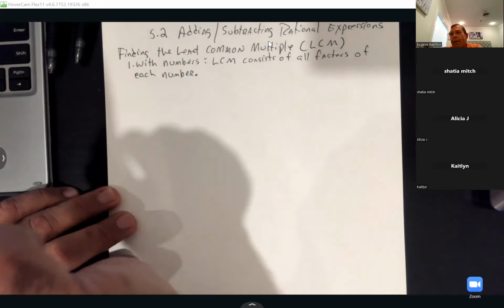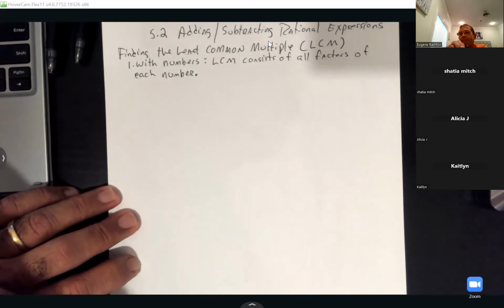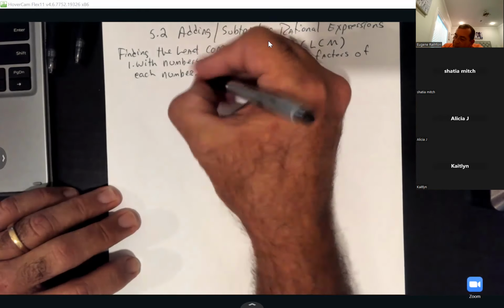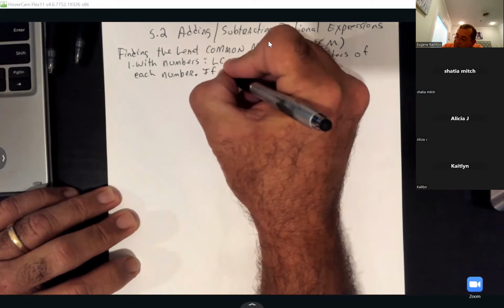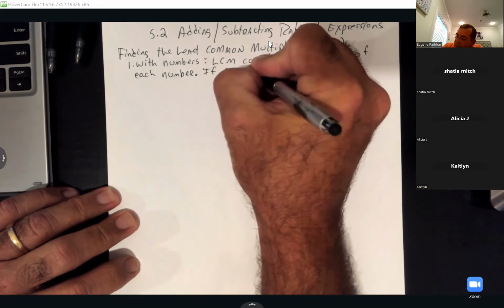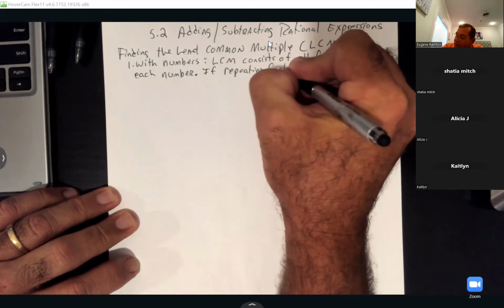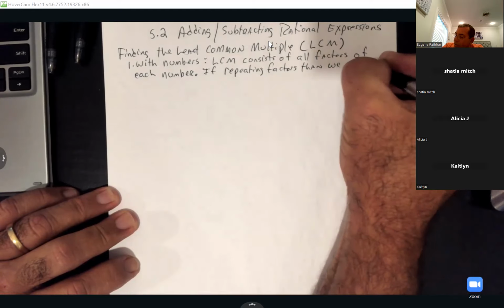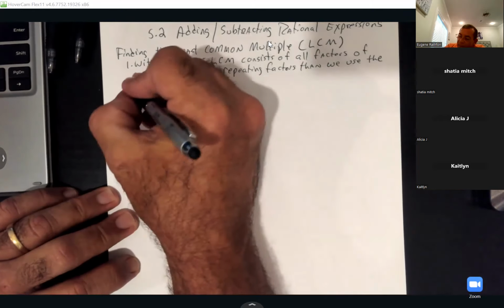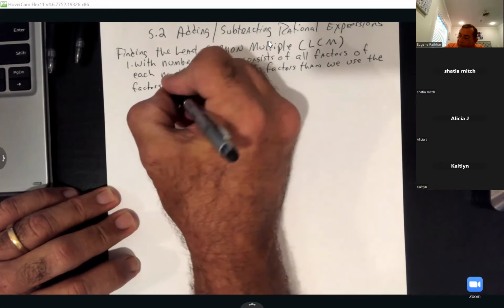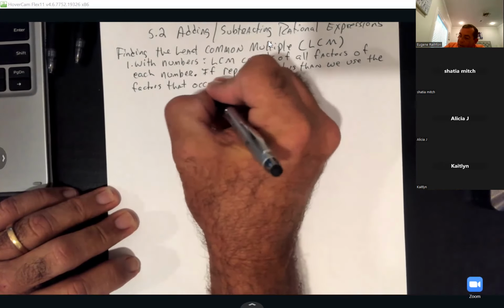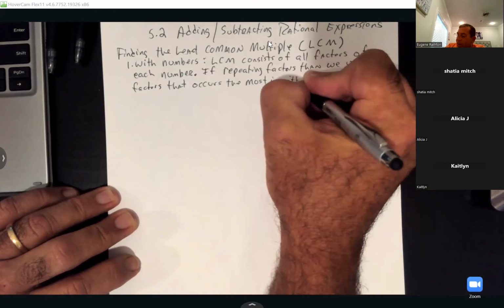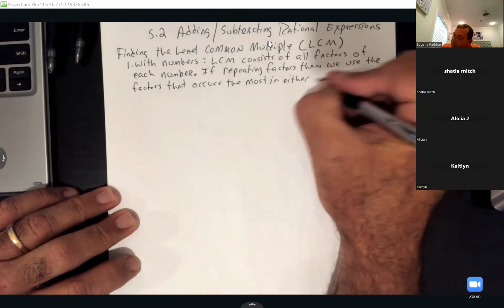Now, say one's got 2 7s in it and one has 1 7. If you got repeating factors, then we use the factor that occurs the most in either number.